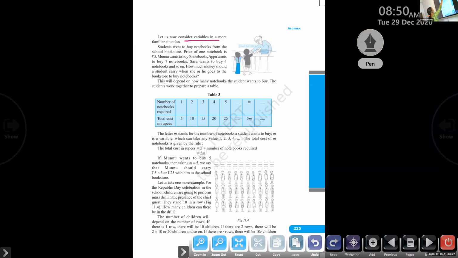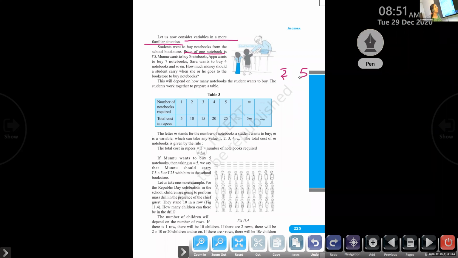Let us consider variables in a more familiar situation. Now we come to daily life problems. When we go to the shop to buy notebooks, pens, pencils, or soap, the price of one notebook is ₹5.